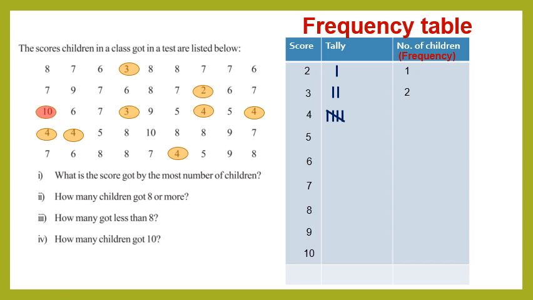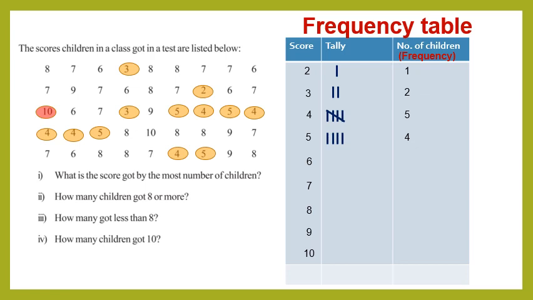For this, give 4 tally marks and give the 5th tally mark across the 4 tally marks, so it can easily be seen as a group of 5. Then write 5 here. Then count how many times score 5 is repeated. 1, 2, 3, 4. Then write 4 here.